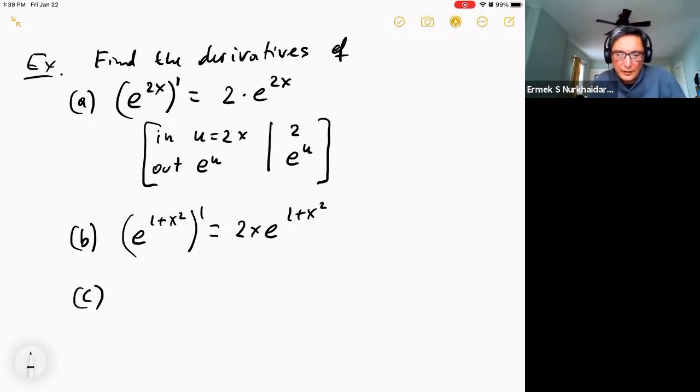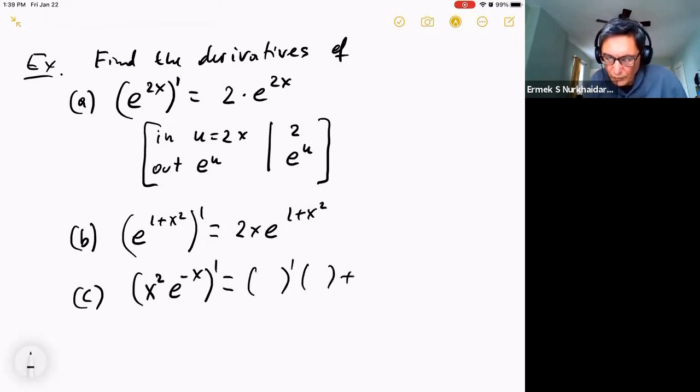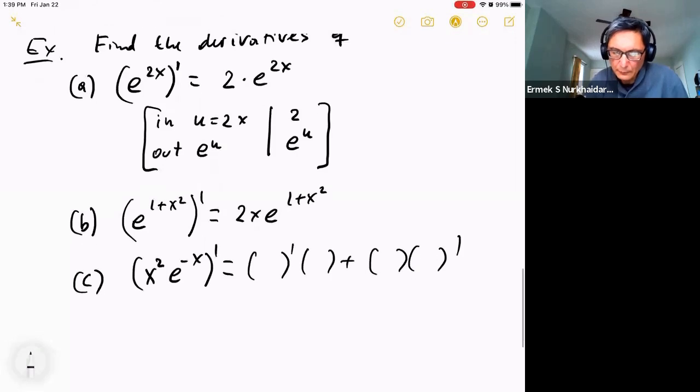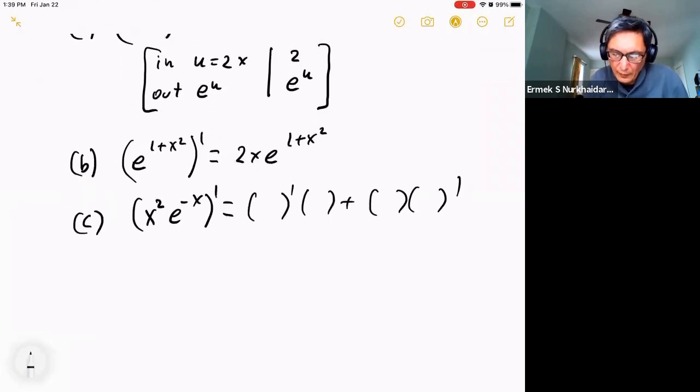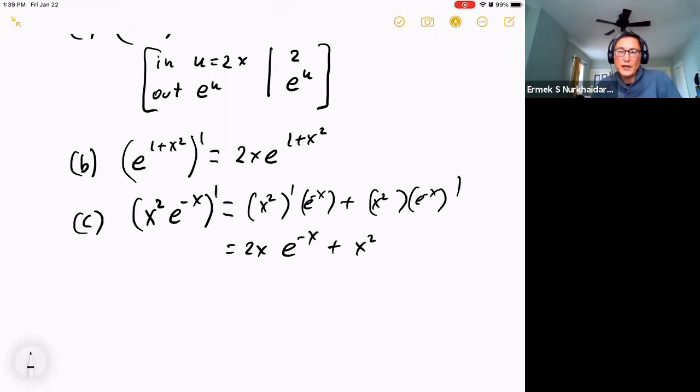For example, we can have, say, x squared times e to the negative x. We can take its derivative. Product rule, write down your scheme for product rule. Fill it up. Derivative of x squared is straightforward, it's 2x e to the negative x plus x squared times derivative of e to the negative x.